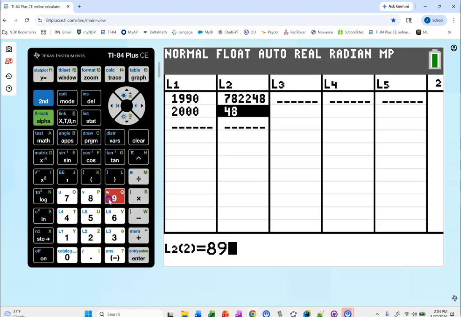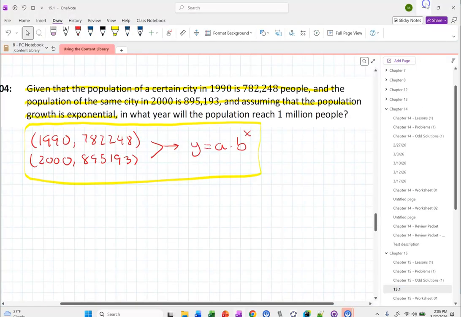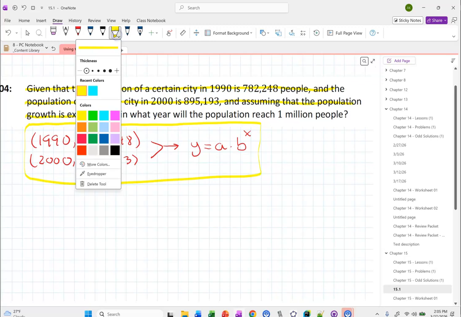And then 895,193. Everybody's okay here?